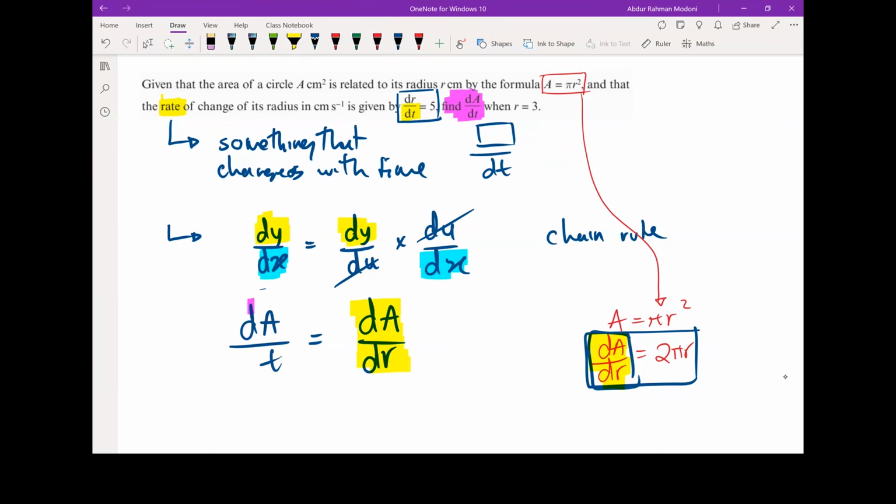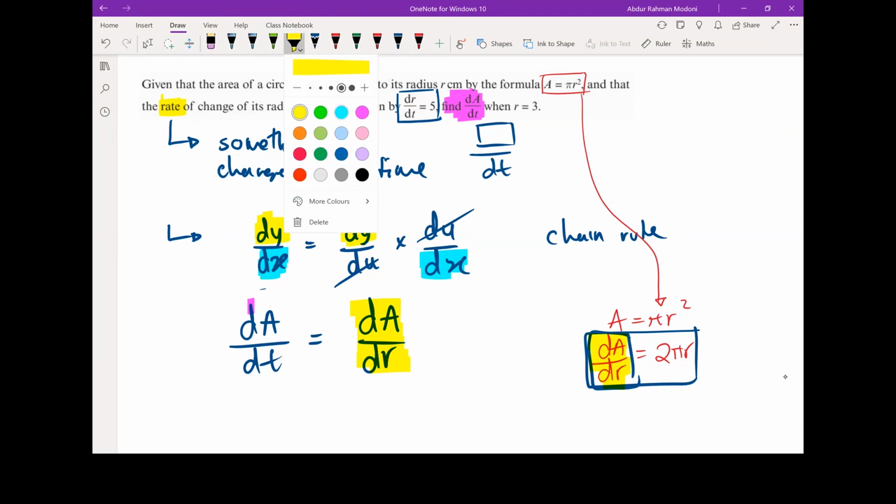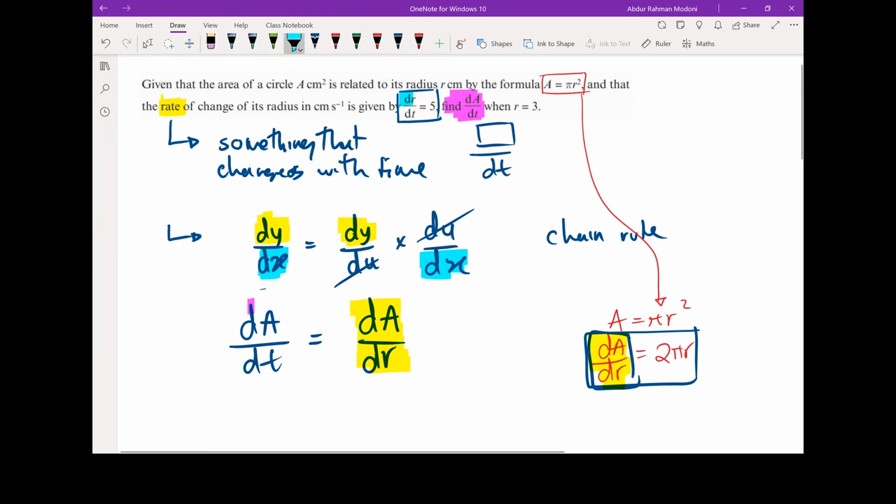And I also want something that involves t in it. I can see I've got dr by dt, which I'll highlight to make it clear that I want this dr by dt. I'll write it down here as dr by dt.